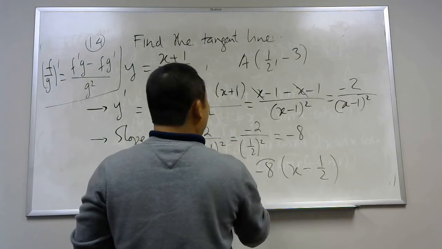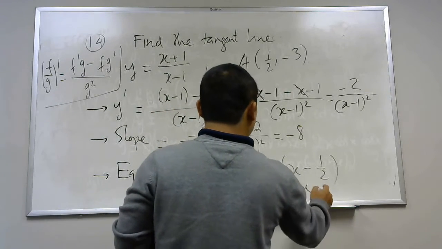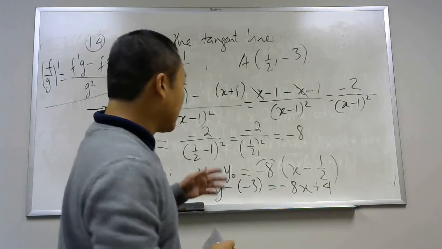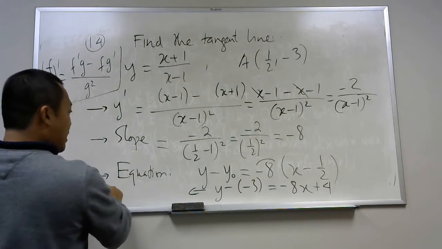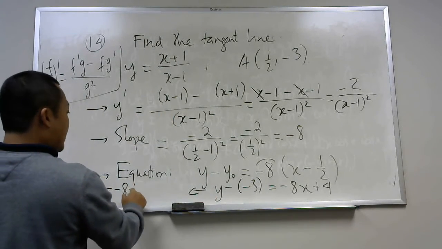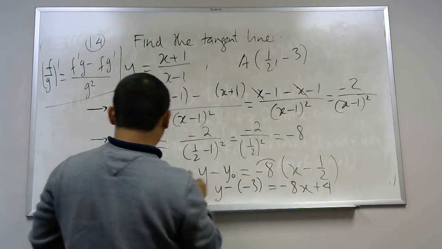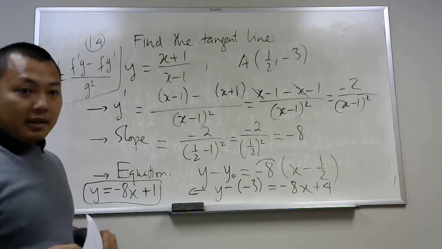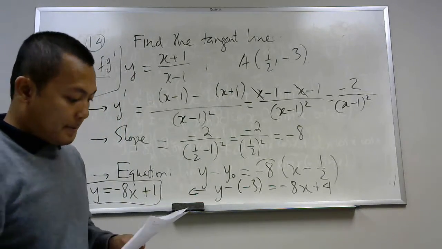So that is y minus negative 3 equals negative 8x plus 4. You can simplify that and make a very good equation that looks like y equals negative 8x, and here plus 4 minus 3, I bring 3 to that side, I get plus 1. And that is the final answer for that question.